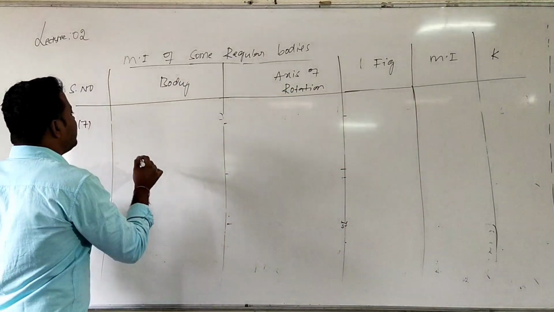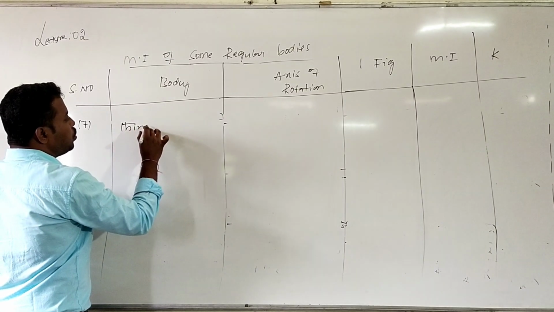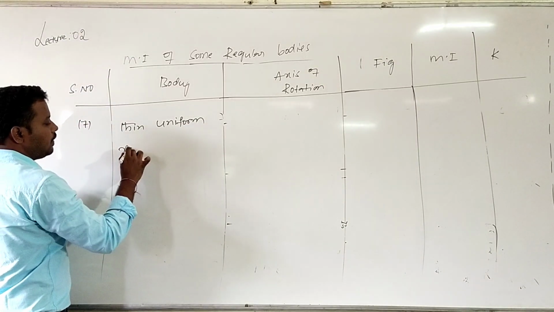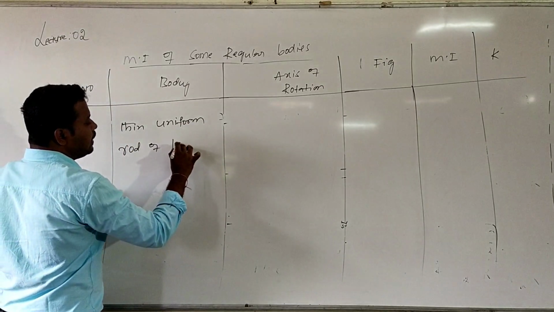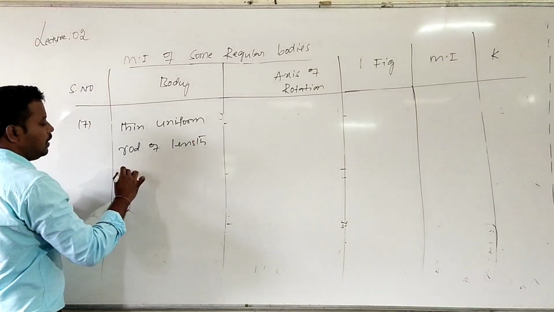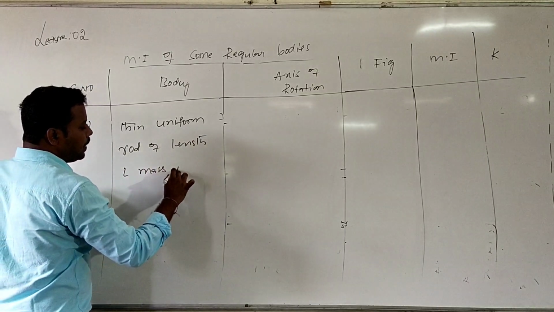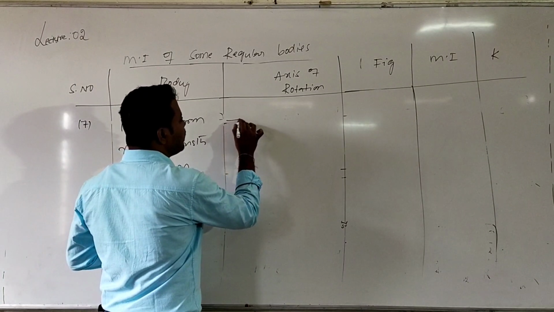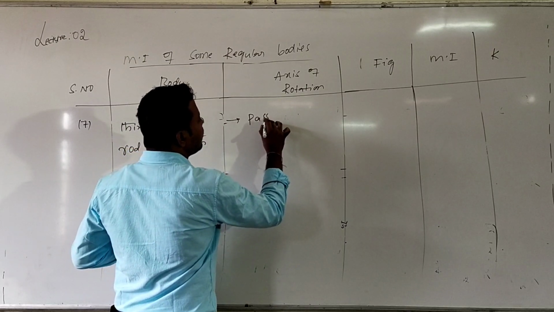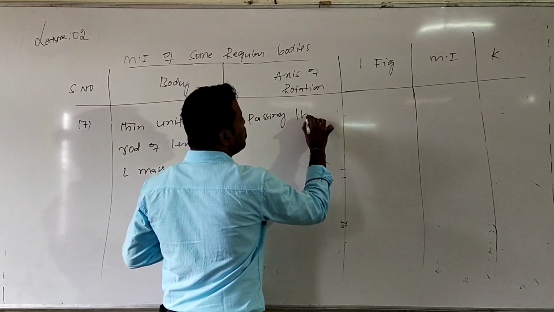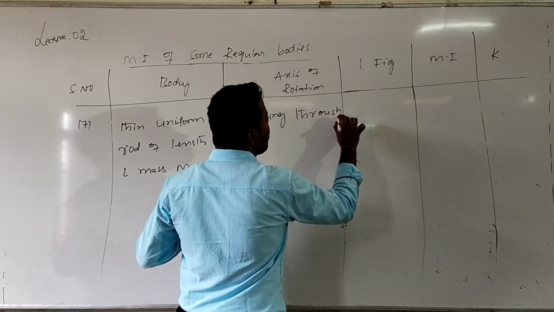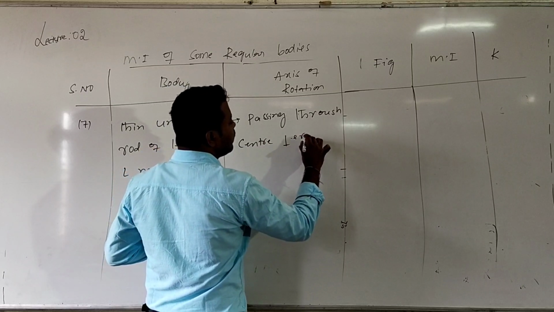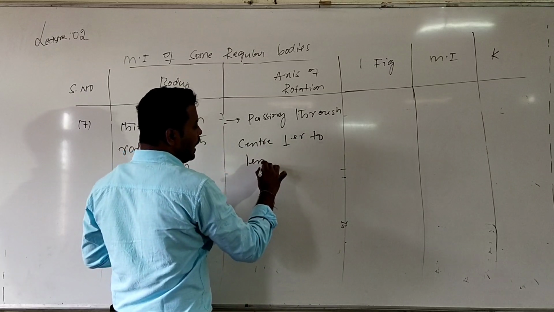Think of a uniform rod of length capital L, mass capital M, about an axis passing through the center and perpendicular to its length.